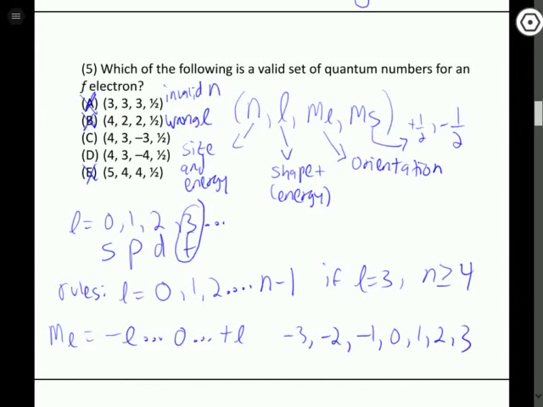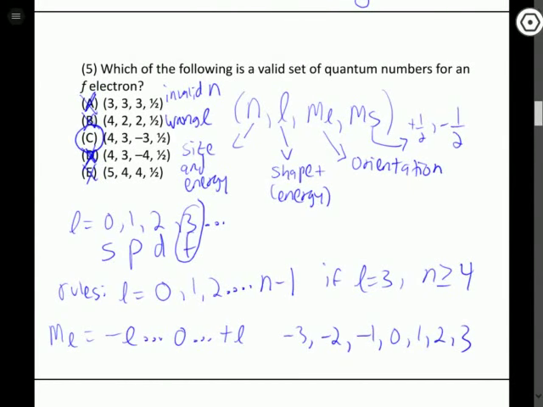So these are the possible allowed values of m sub L. And choice D has a value of m sub L that's minus 4. That third number in the list for choice D is minus 4. So that's an invalid m sub L, so the only one that's left standing is choice C.